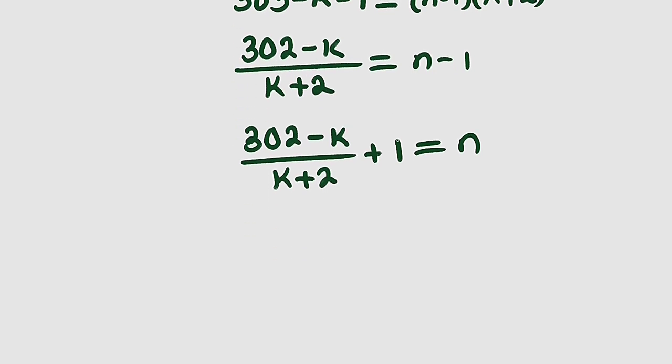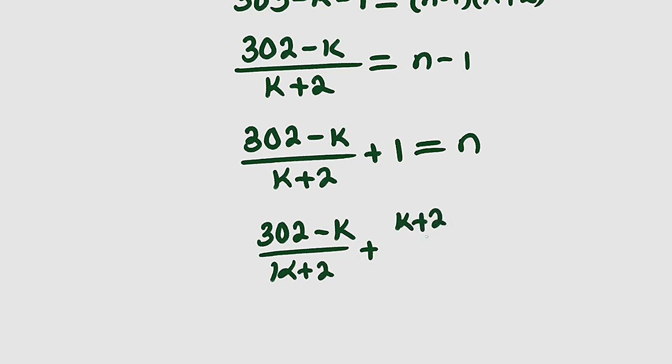But 1 can be expressed as k plus 2 divided by k plus 2, just to have common denominators. So we have 302 minus k divided by k plus 2, plus k plus 2 divided by k plus 2, equal to n.